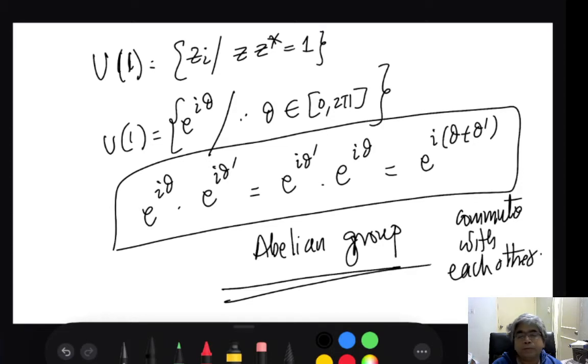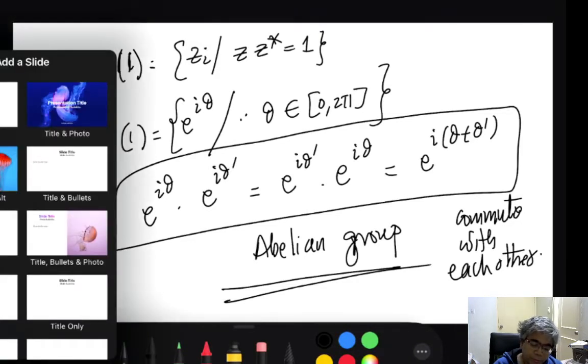The reason they commute is that on top of e power i theta there is nothing else multiplying, just a unit unitary number. If you had a matrix sitting on top, then e power i theta prime would not commute. This is precisely what happens in the case of SU2 or U2.